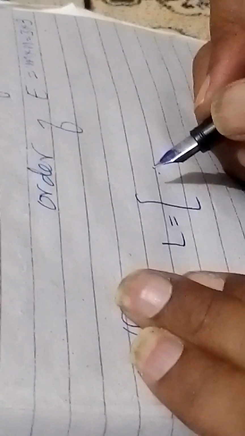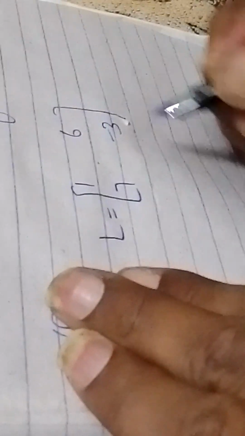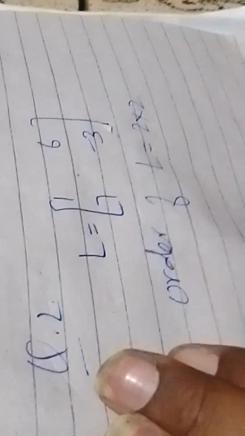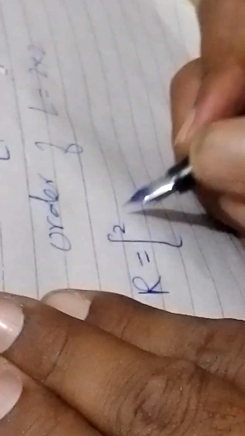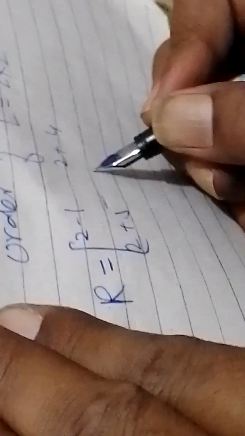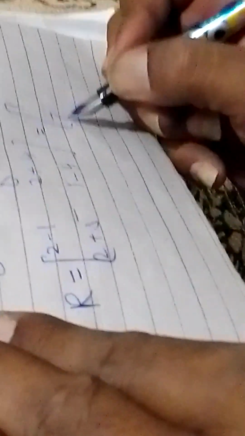L is a matrix 1 6 7 minus 3. Order of L is 2 cross 2, which is equal to R. Matrix R is 2 minus 1, 2 plus 4, 2 plus 5, 1 minus 4, equal to 1 7 6 minus 3.